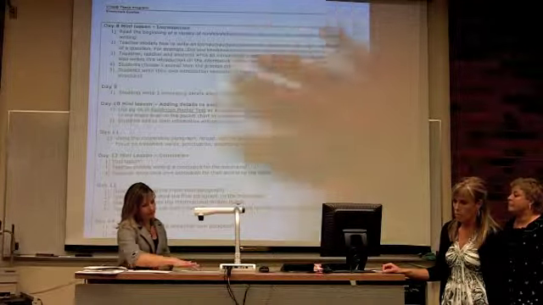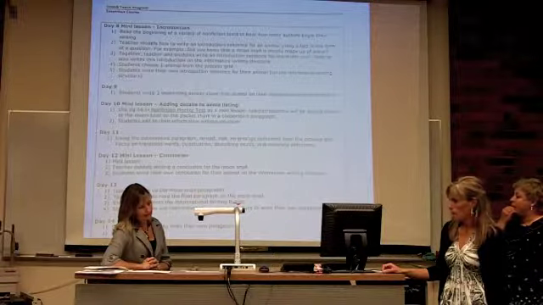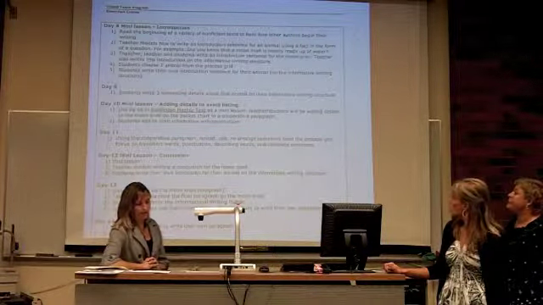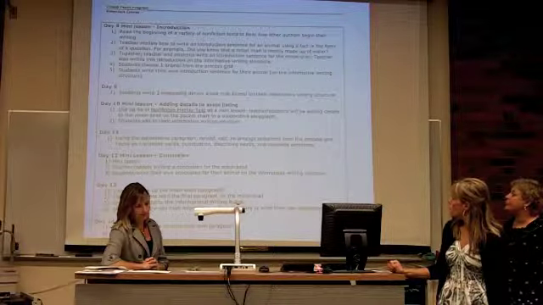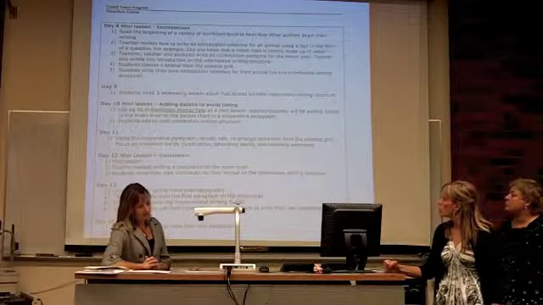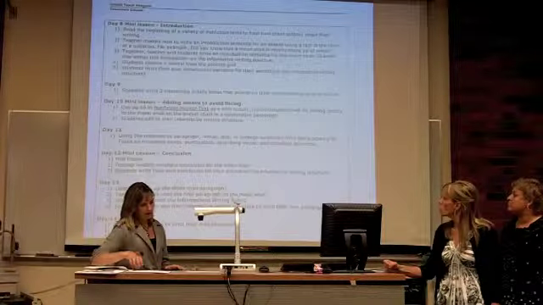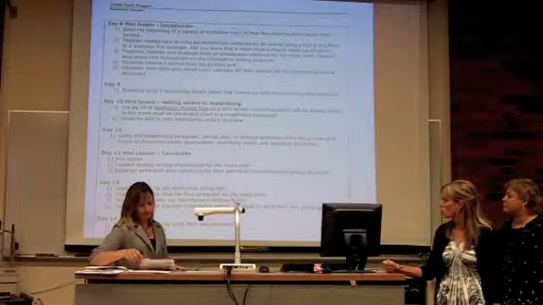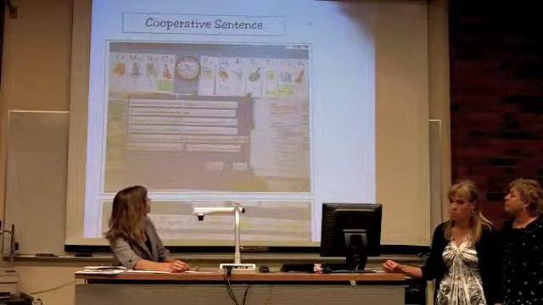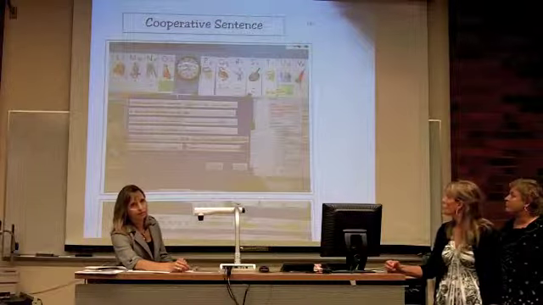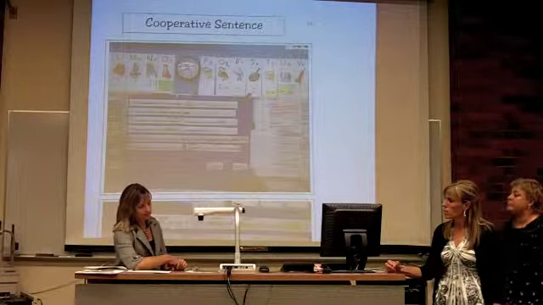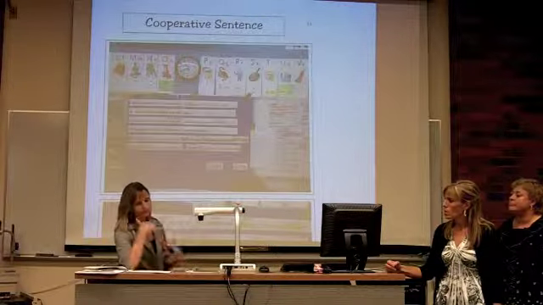The next days here, we would go into adding the details, and again, do some mini lessons related to how to elaborate and add details to a paragraph. And then, as well as a conclusion, once we've gathered this information on the animal that we're working on together, we would like to do the cooperative sentence structure that Nicole shared in GLAD, where we really work together to add facts, go back and add transition words, have the beginning, middle, and end.